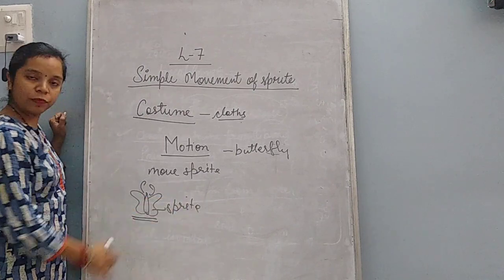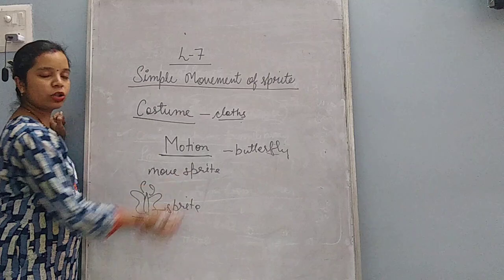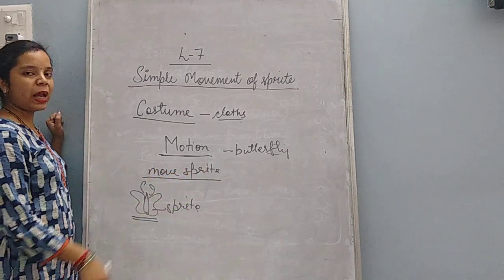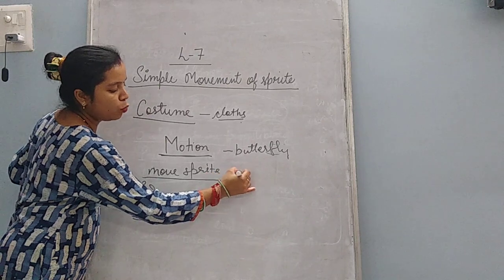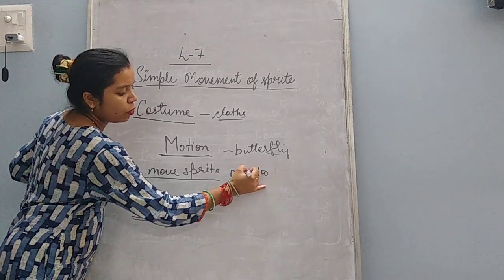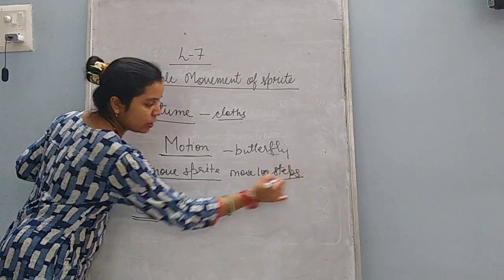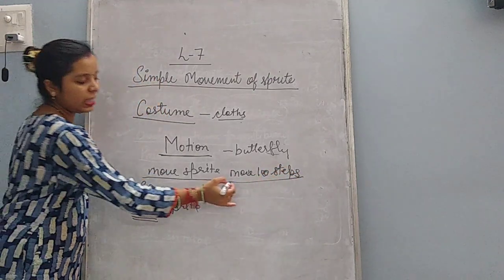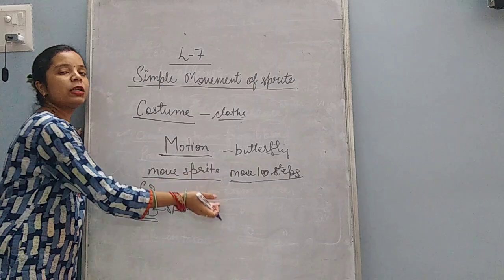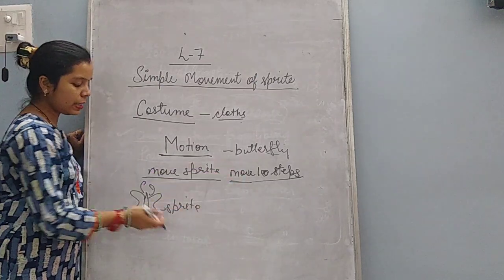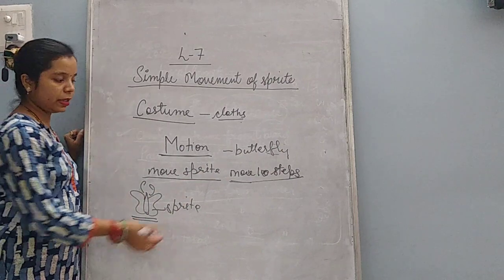Now you want to move this, simply choose the motion block, and from there you can move your sprite. You know one block is there, move 10 steps or 20 steps, like you have read in lesson 6. So you can choose this block. This will move your sprite, 10 steps, it will move 10 steps, 20 steps, it will move 20 steps.